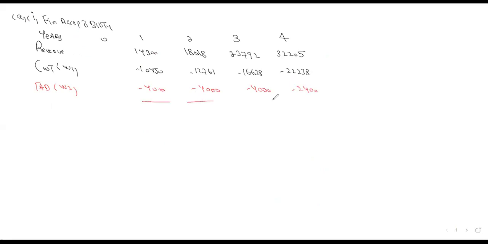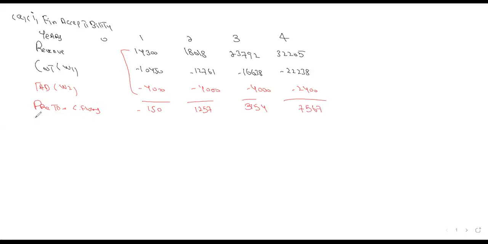So what are your pre-tax cash flows? 150. Loss, 1,257, 3,154, and 7,567.